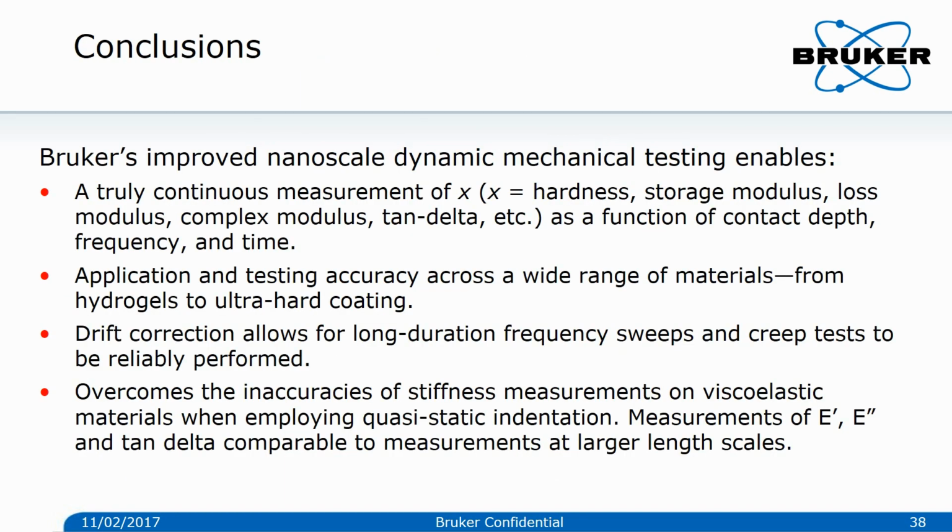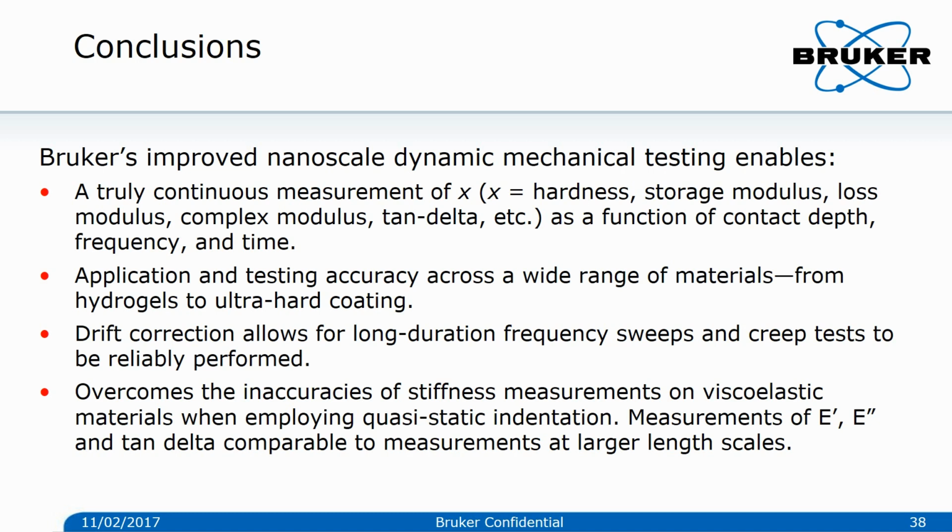At the end of my presentation, I would like to conclude. nanoDMA enhances the possibilities of nanoindentation testing. It allows to determine depth profiles of hardness and modulus in the CMX mode. It allows to efficiently test materials creep in reference creep experiments at elevated temperatures up to 800 degrees.